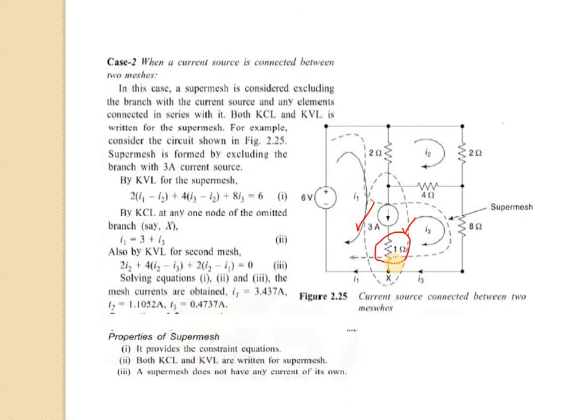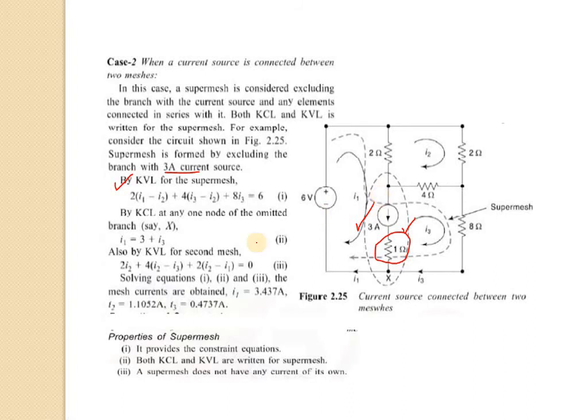For example, consider this one, that supermesh is formed by excluding the branch of the 3 ampere current source. We are excluding this branch of the 3 ampere current source. By applying KVL for the supermesh, it will be 2 into (I1 minus I2) plus 4 into (I3 minus I2) plus 8 I3.